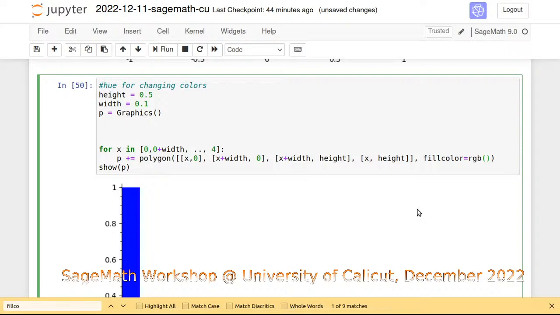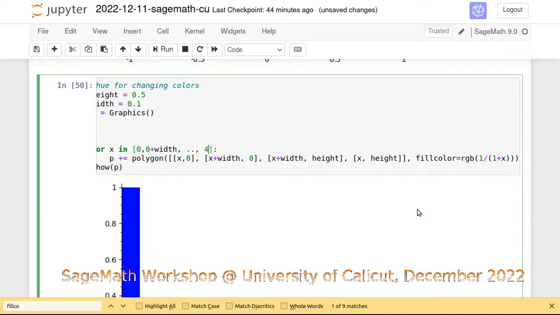RGB of 1 by 1 plus x. I don't know whether I am doing it correctly or not, I am just trying. Or otherwise I will simply put x.